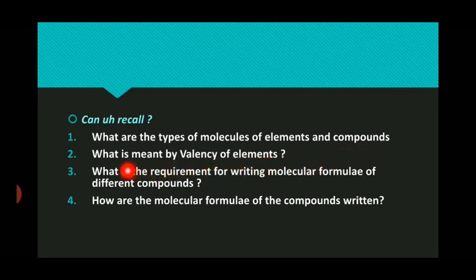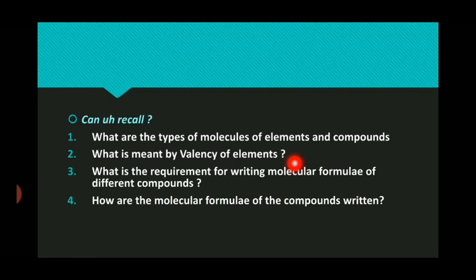Now come to the second question. What is meant by valency of the elements? Valency of an element is defined as the capacity of an element to combine, and it is the number of chemical bonds formed by one atom of an element with other atoms.